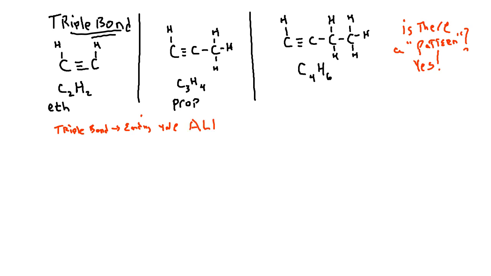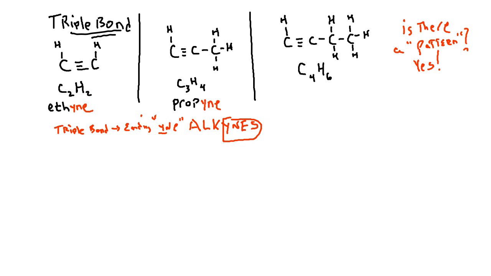So the ending is YNE. So 2 carbons is eth, so this would be ethyne. 3 carbons is prop, this would be propyne. 4 carbons is but, so this would be butyne.